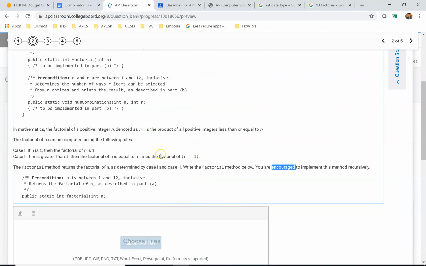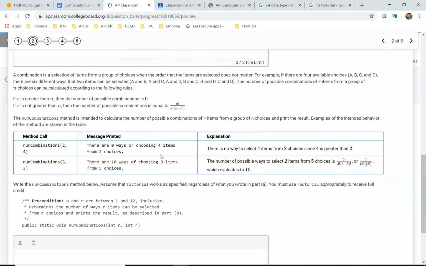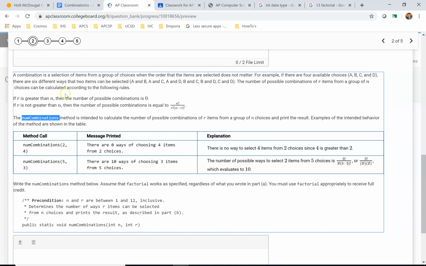Part B says that they want you to code this method called number of combinations, and the student was really just confused on how this worked, and so I try to provide an explanation. They do so here by providing some scenarios, some values for n and r, which are the two parameters to num combinations right here, int n and r.